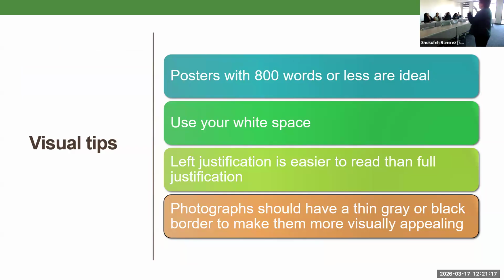If you do full justification, it makes it harder for the eye to keep track of what line you're on. And then photographs or other graphics should have a thin gray or black border to make them more visually appealing so that they pop from the background.